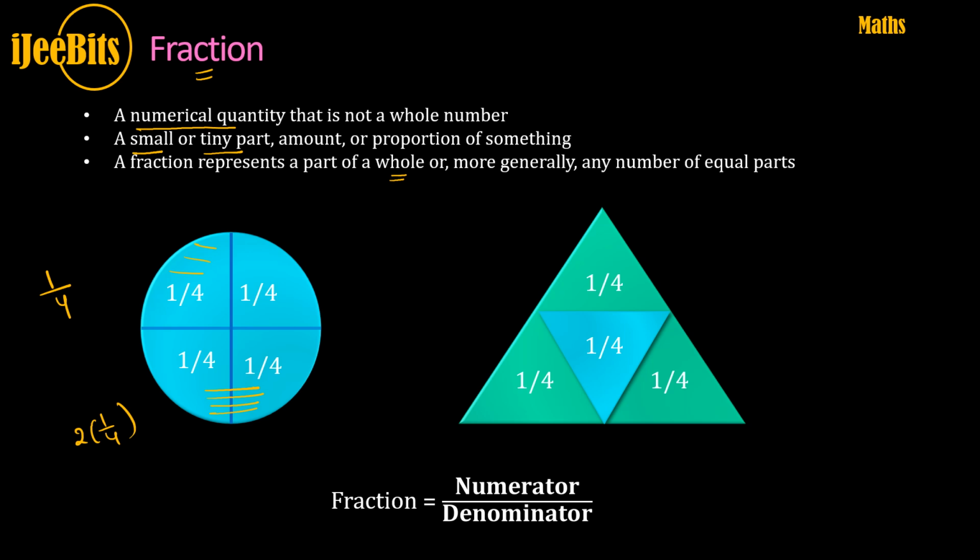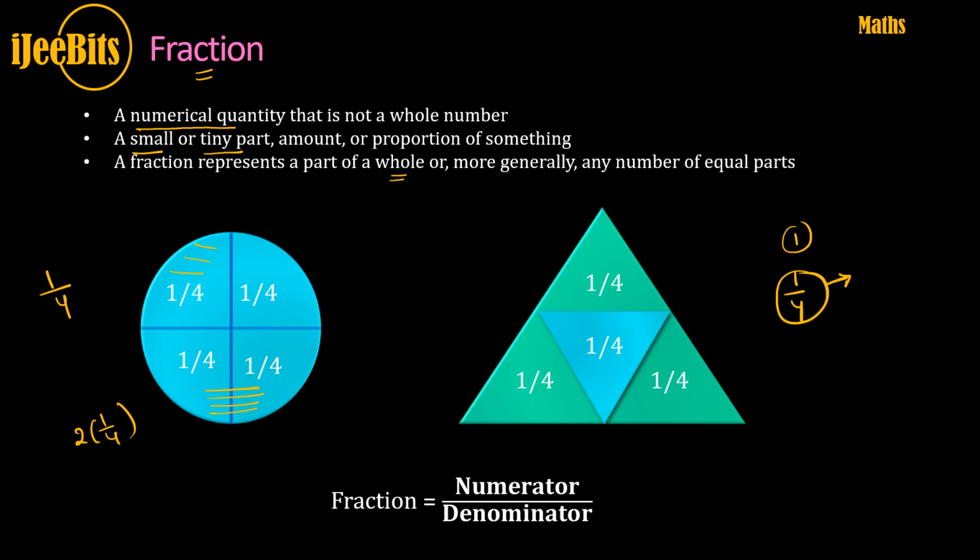Similarly, here I have a triangle divided into 4 subtriangles, and I'm representing a fraction of the whole. If I have the whole as 1 and divide it into 4 equal parts, each part is 1 by 4. You have to understand that the parts are equally divided.